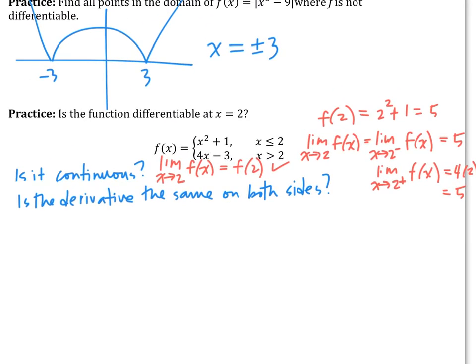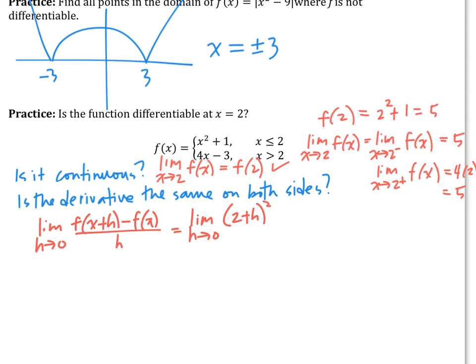Derivative: the limit as h goes to 0 from the left-hand side. I'm going to write the definition of the derivative out. For the left-hand side of 2, that is the limit as h goes to 0 of, since we are finding the derivative at a point, I'm just going to put in 2: (2 plus h) squared plus 1 minus (2 squared plus 1), all over h.